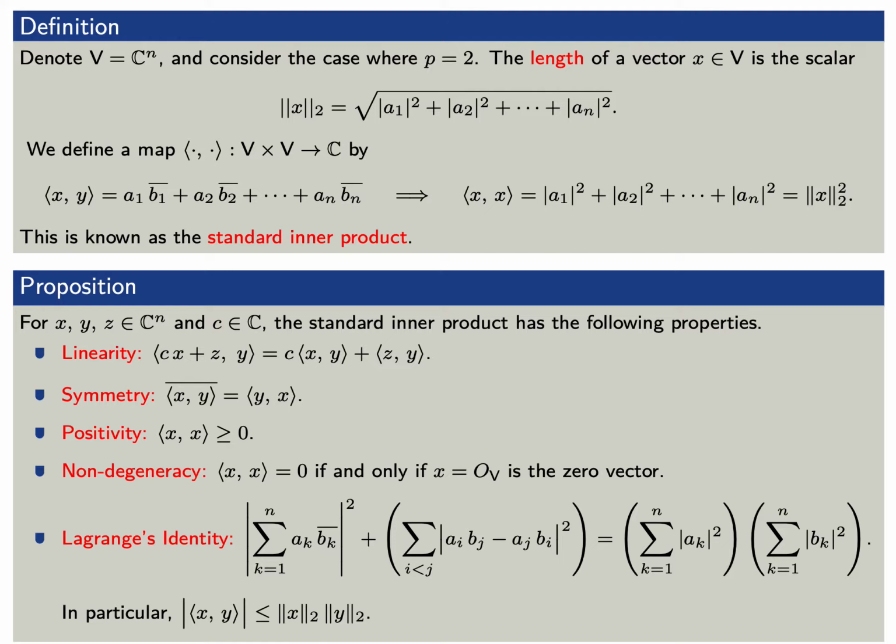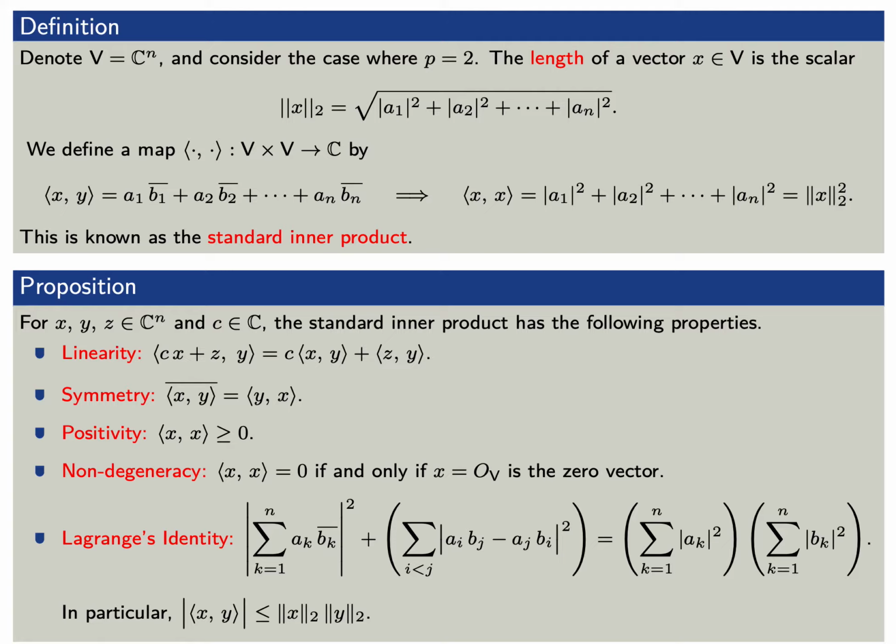And finally, we have Lagrange's identity. This is a statement about when we have various complex numbers and how they're related to the product of the two norms. So for example, we can consider the sum over k of a sub k times b sub k conjugate. If you stare at this, this is nothing more than the inner product of x and y.